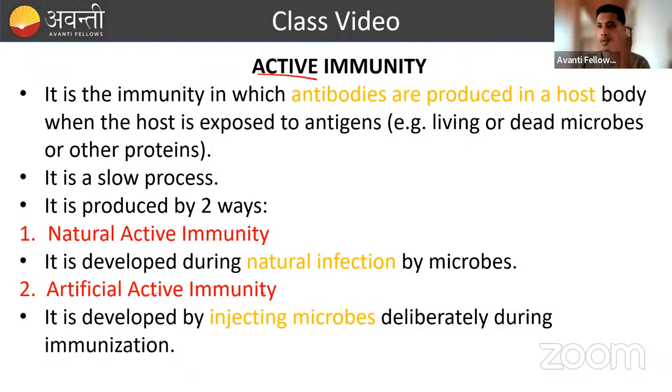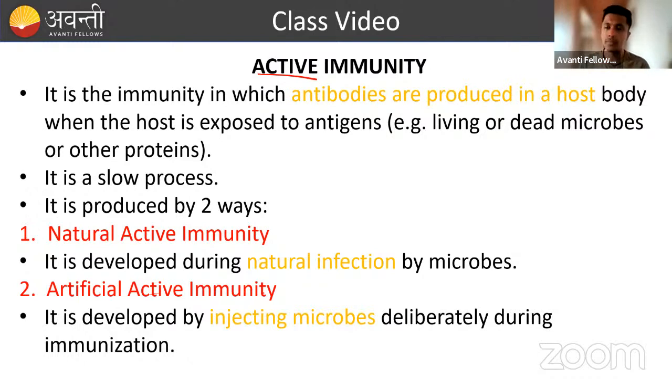Attenuation is a process in which you make a microorganism inactive to cause an infection. It cannot cause a particular disease. It can be alive, it can be dead, or it can be a part of an antigen, like a cell wall, a polysaccharide, a lipid or a protein. Any part of this particular antigen is deliberately introduced into our body.